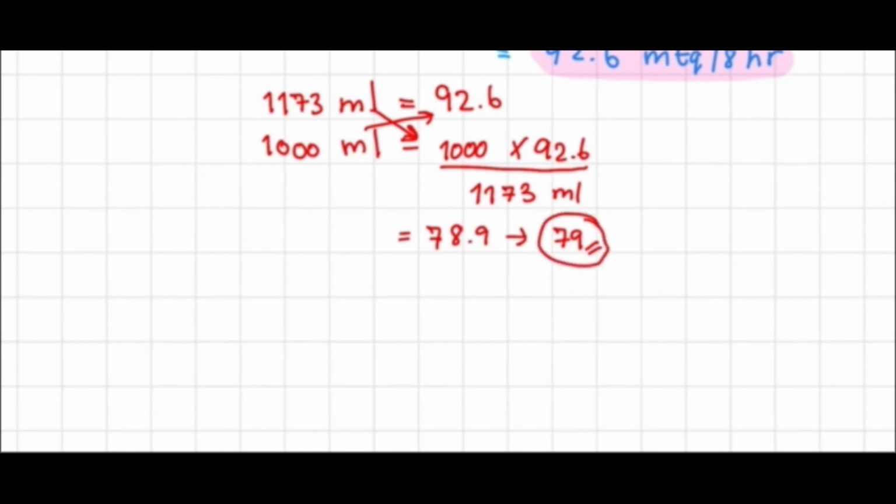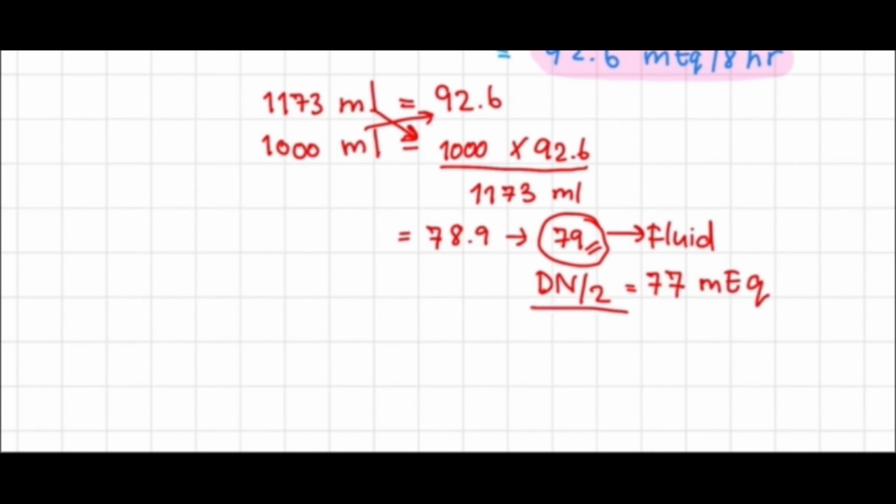So with this 79 MEQ of sodium needed, I'm going to compare it with the fluids that have the closest sodium concentration. The closest one right now would be D5 half normal saline, because the sodium concentration in it is 77 MEQs. So there I have my fluid of choice.